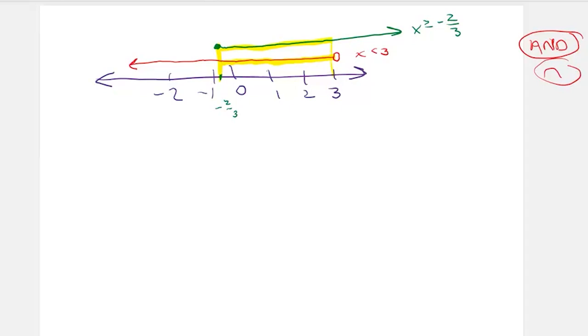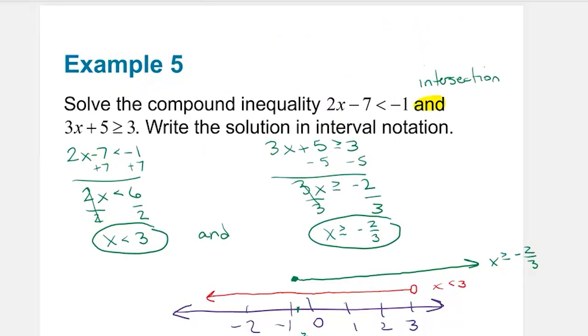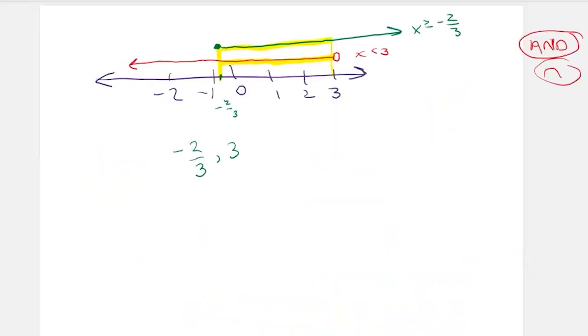So my intersection, or what these two lines have in common, is from -2/3 till we get to 3. Let's see, did they say interval notation? Okay. So this is our solution.